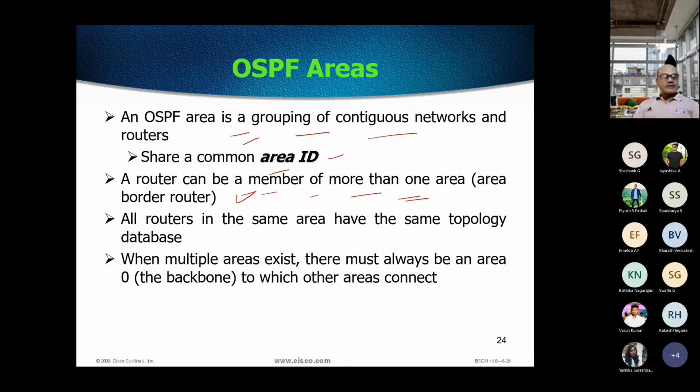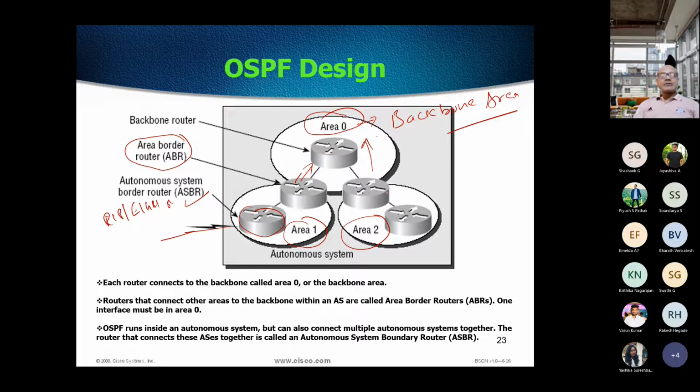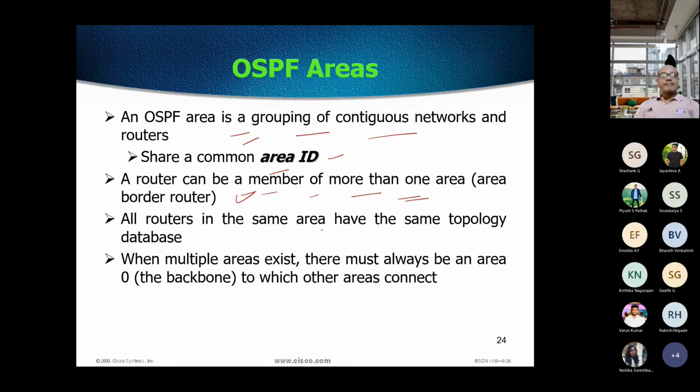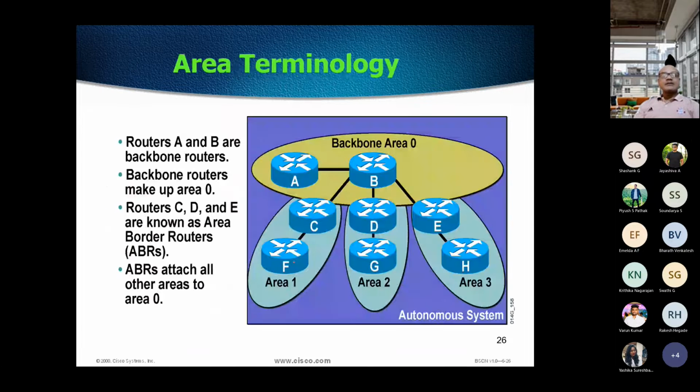So this can be a member of another area also, maybe your area 3. All routers in the same area have the same topology. When multiple areas exist, there must always be an area 0. Remember, guys.